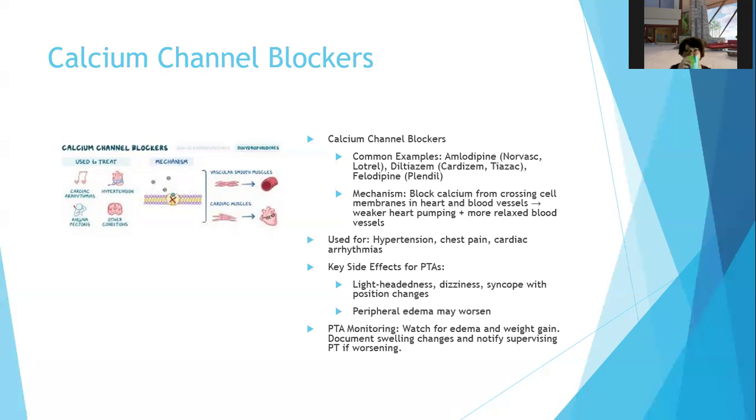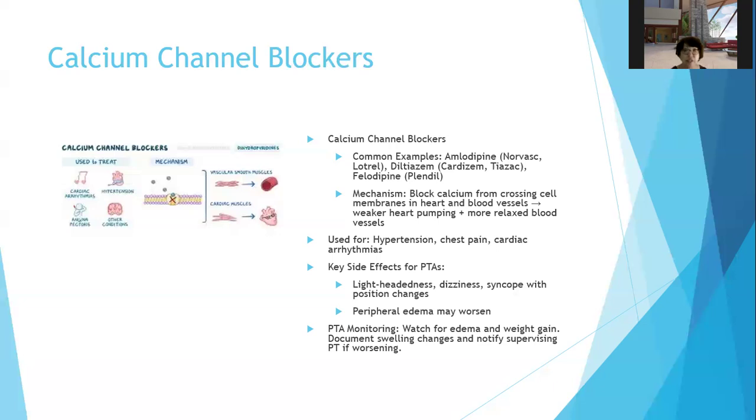Some of them don't, though. Calcium blockers don't have as much consistency in naming as some of the other ones. But they're used for hypertension, chest pain, and cardiac arrhythmias. The side effects, same side effects. Are you seeing a theme here?